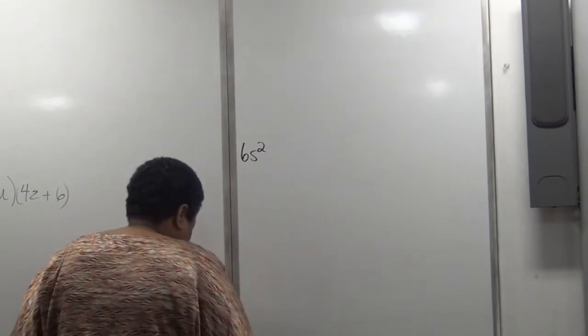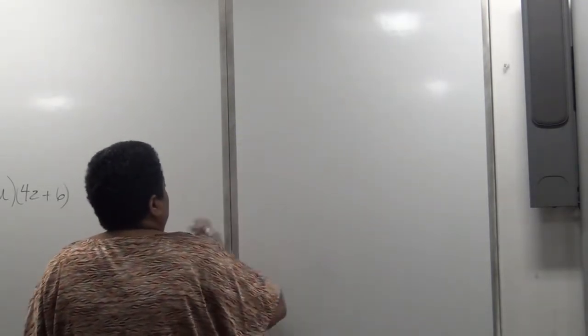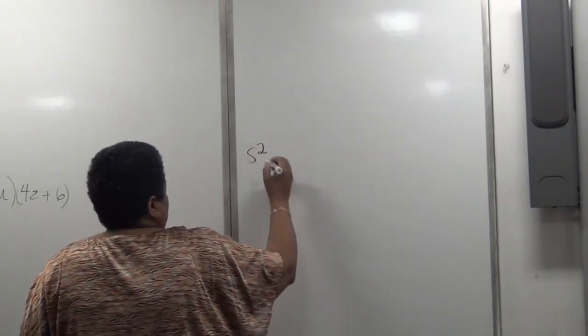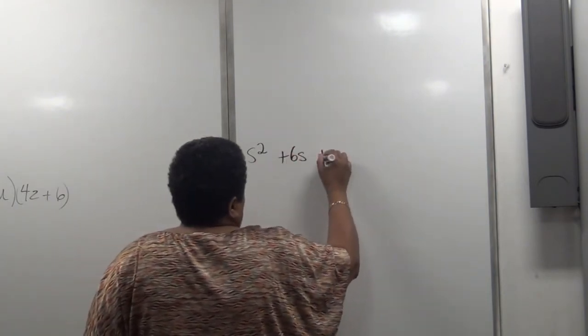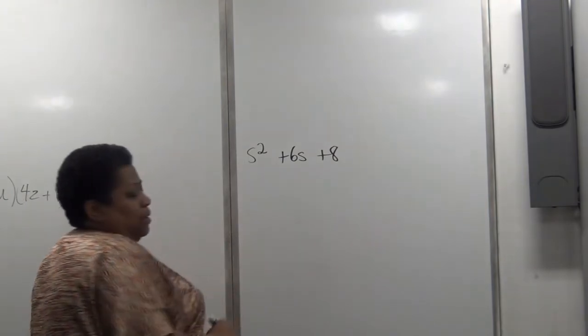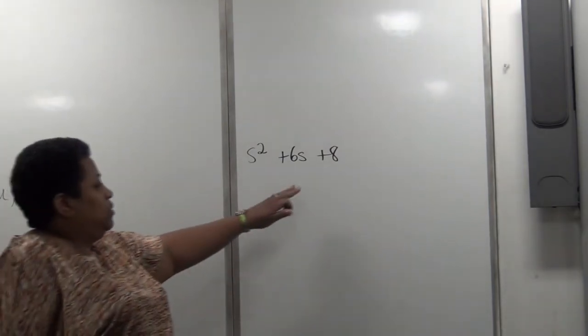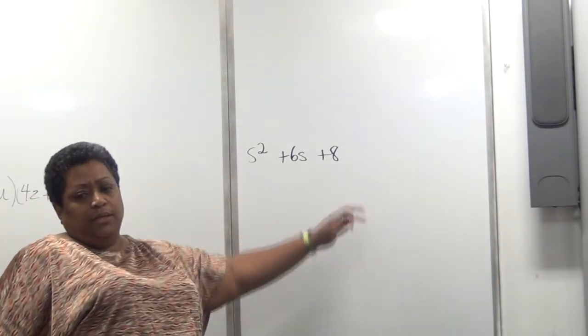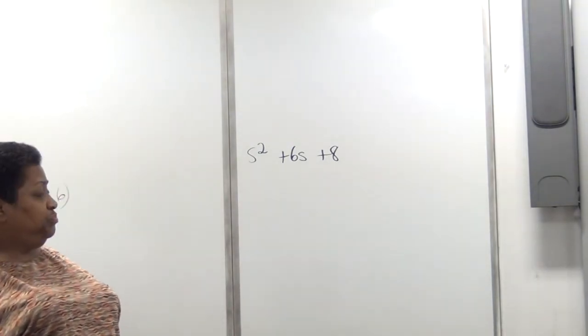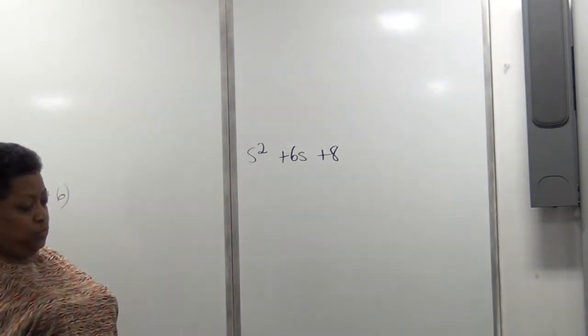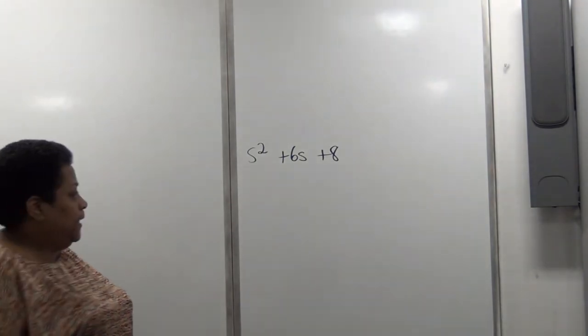S to the second power plus 6S plus 8. So, what do we do to a problem like this? Anybody that was here on Friday? How do we factor it?